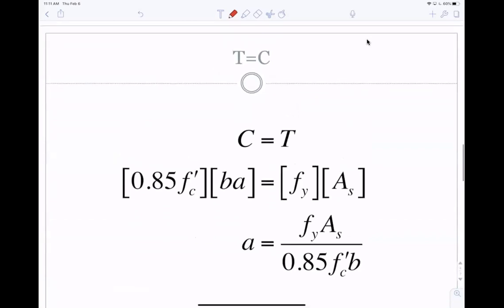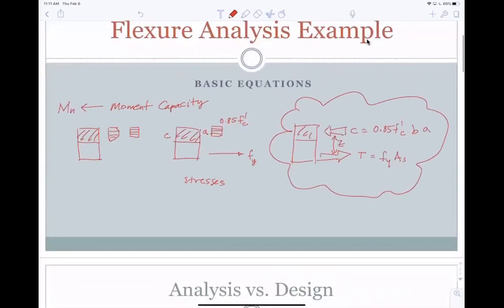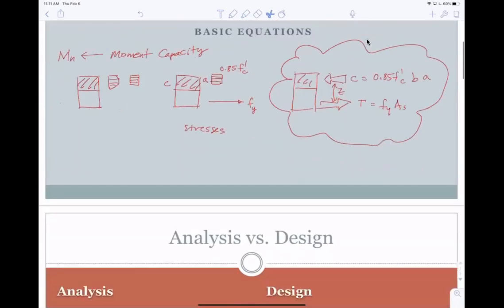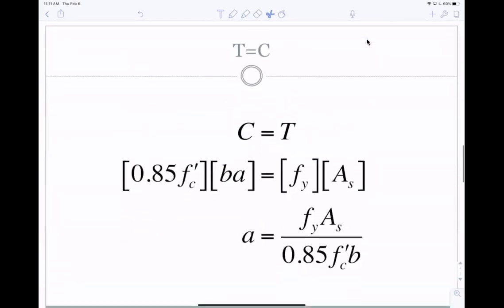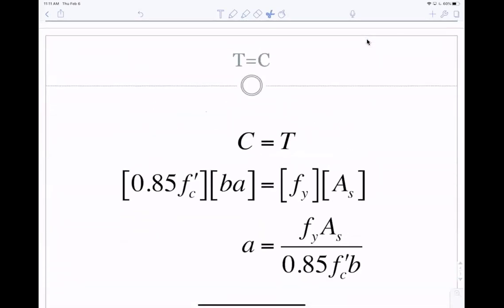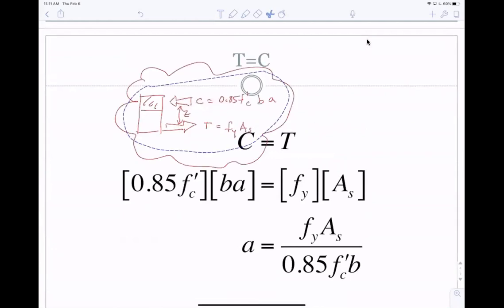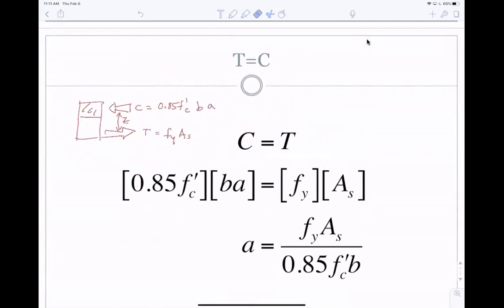Okay. So C equals T. Let me go get that free body diagram. Copy that. Bring it down here. Okay. So the compressive force is just that stress, 0.85 f'c, times its area, this width b, and the depth of that stress block was a.